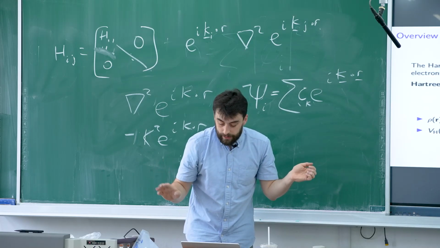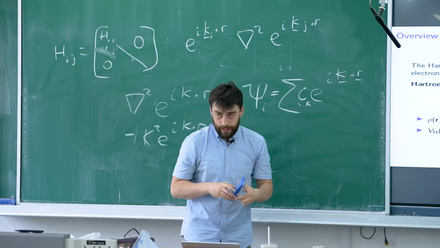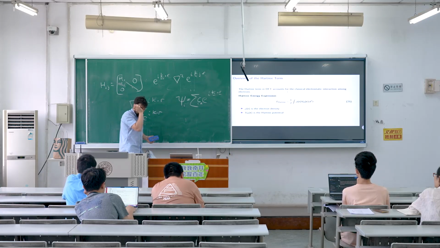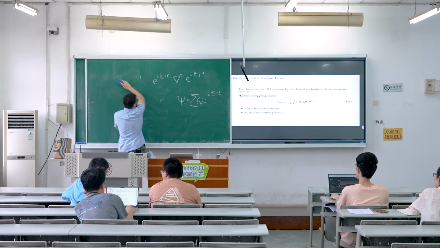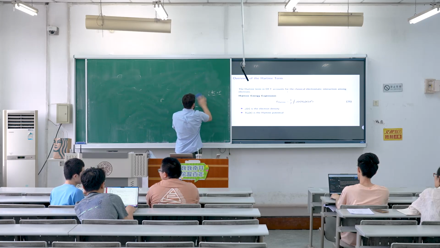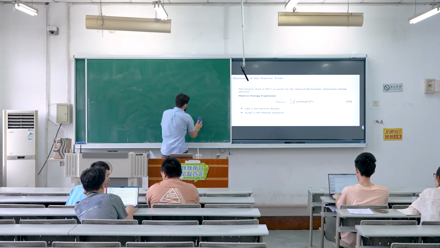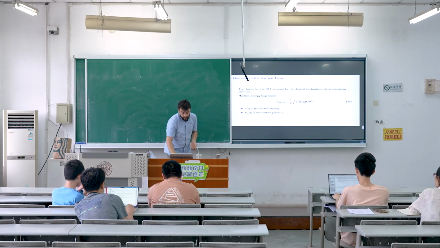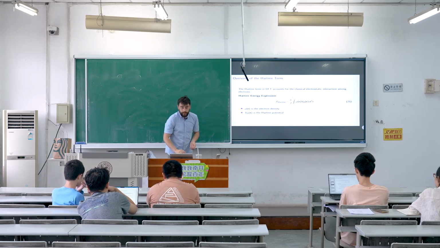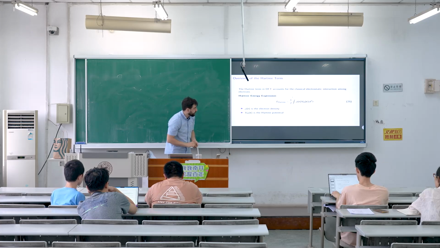Right. So we get the idea on how to calculate the kinetic energy. What about terms that involve the density? So, for instance, here we have the Hartree energy, or the electrostatic Coulomb interaction between the electrons.